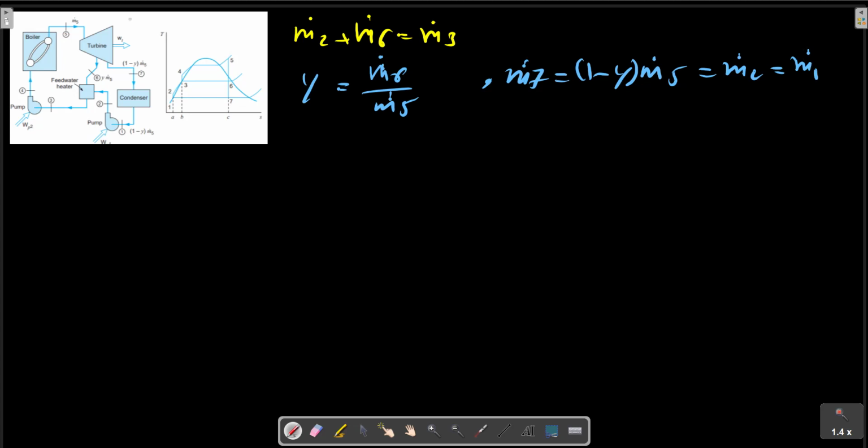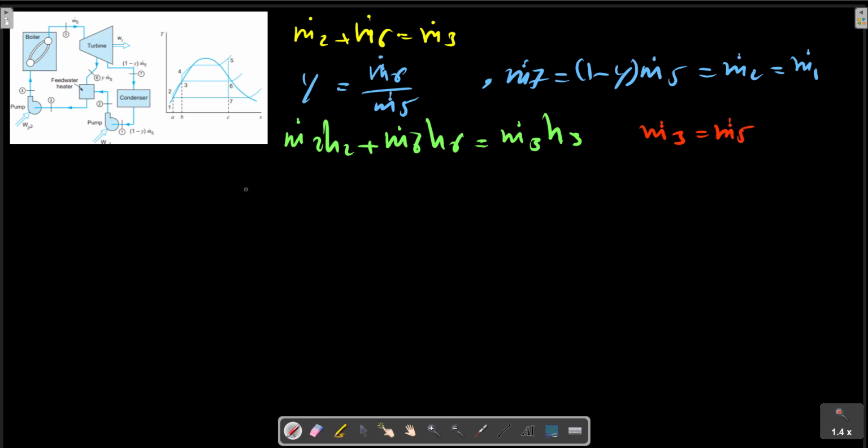And also from the first law, m dot 2 h2 plus m dot 6 h6 equals m dot 3 h3, and m dot 3 equals m dot 5. We can simplify this to m dot 5 h2 times one minus y plus y m dot 5 h6 equals m dot 5 h3.